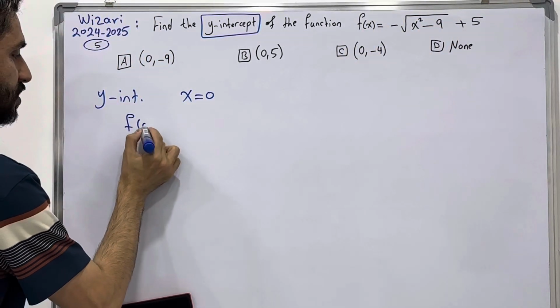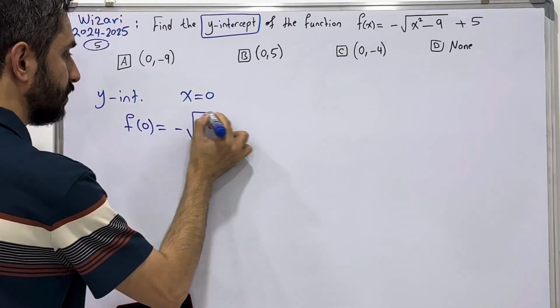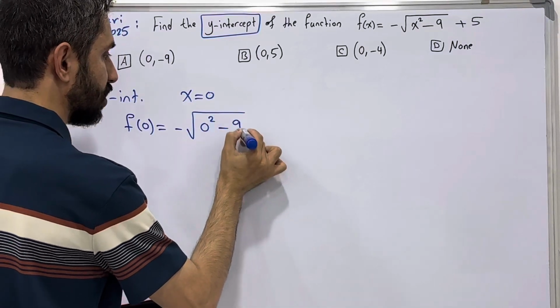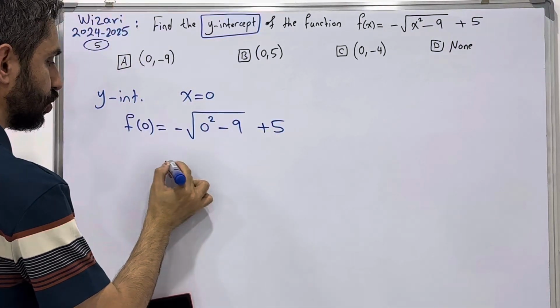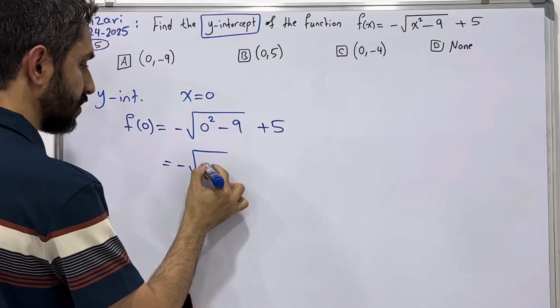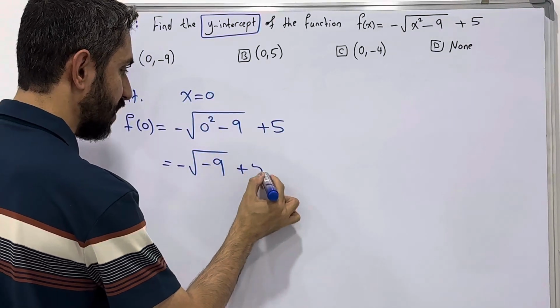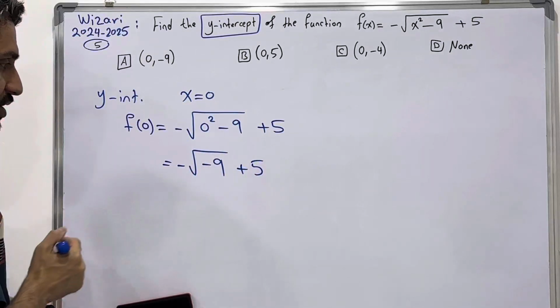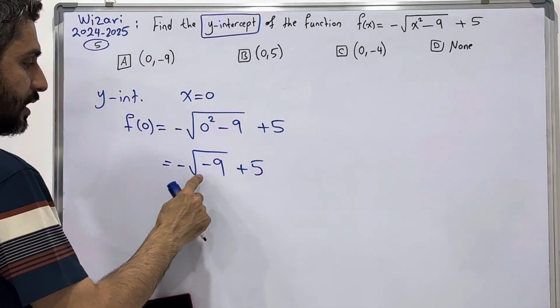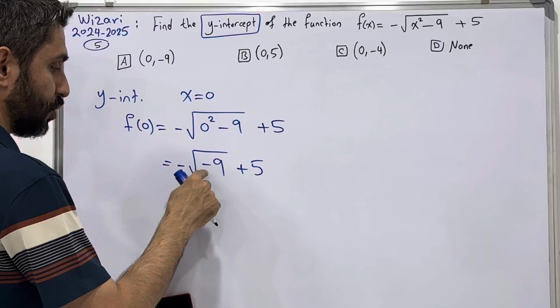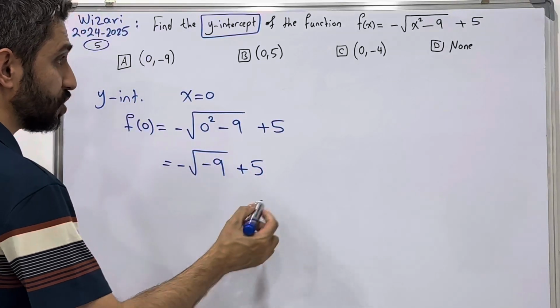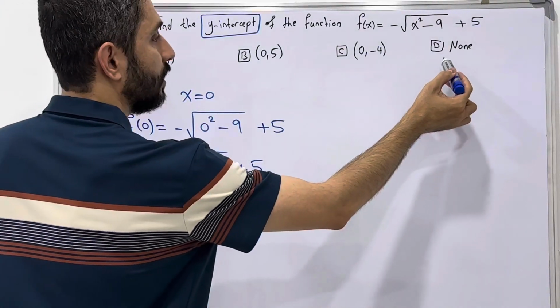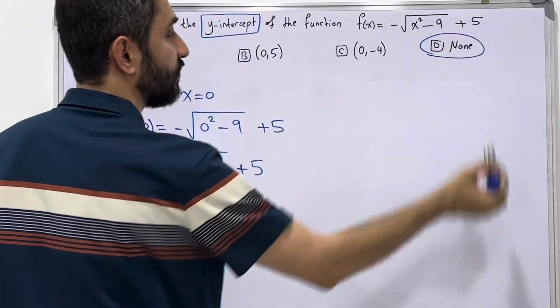So it will be f of 0 equals negative square root of 0 squared minus 9 plus 5. So 0 squared minus 9 is negative 9. And this function is undefined because in the square root we should not have a negative number, which means we don't have a y-intercept for this function.